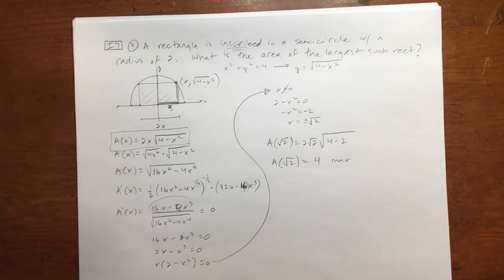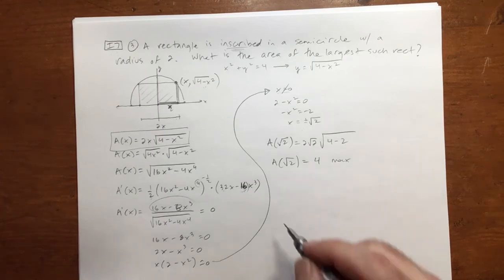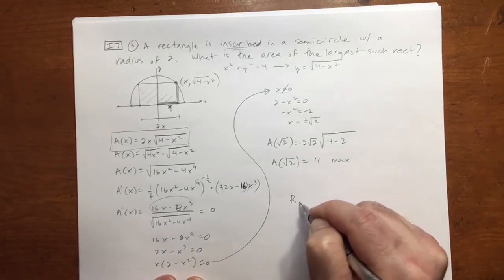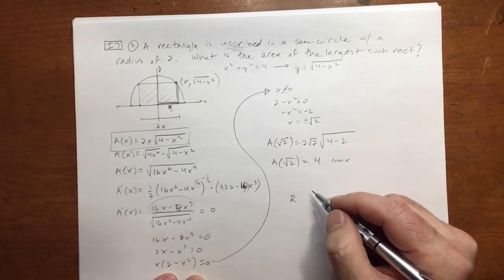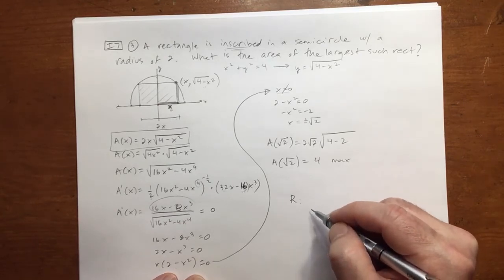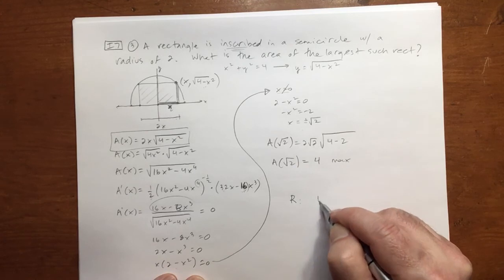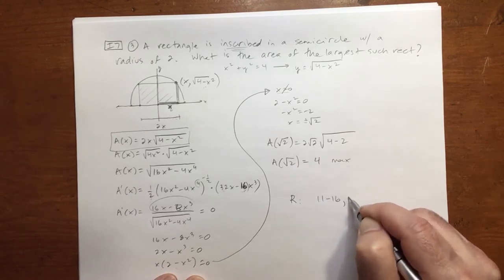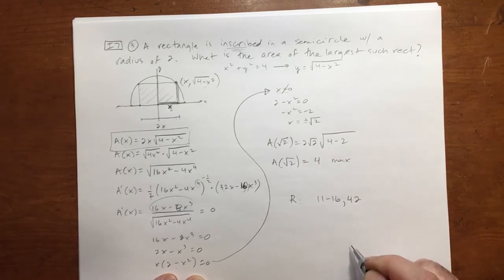Okay, so what I would like for you to try to do now, I'm going to give you what I consider to be days worth of work. I think these problems are time-consuming and difficult. On the review, I want you to try problems, let me see, this was section 4.6. So 11 through 16 and 42.